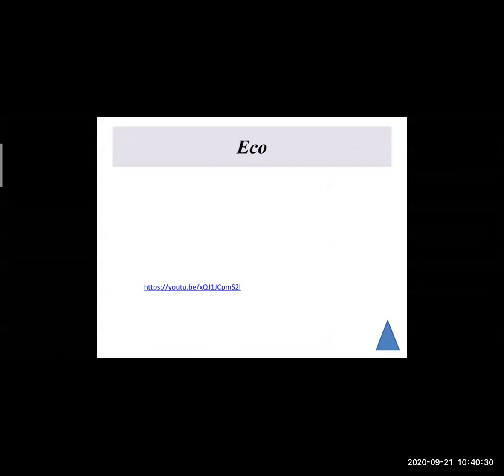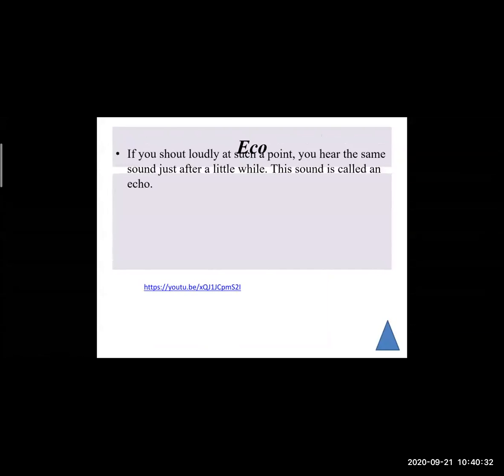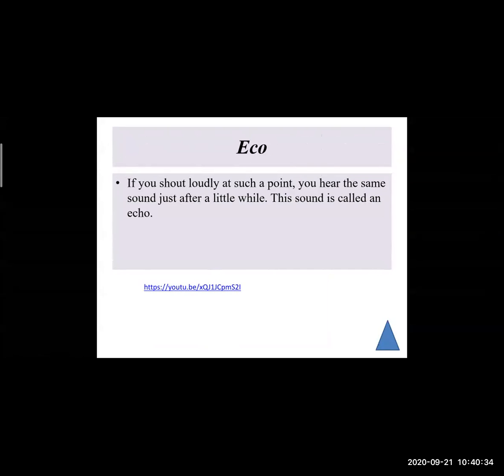Echo. If you shout loudly at such a point, you hear the same sound just after a little while, and this sound is called an echo.